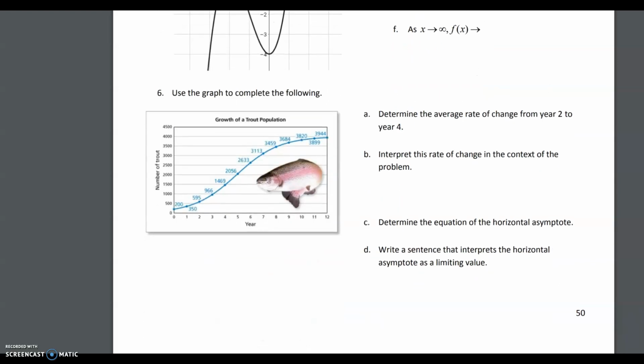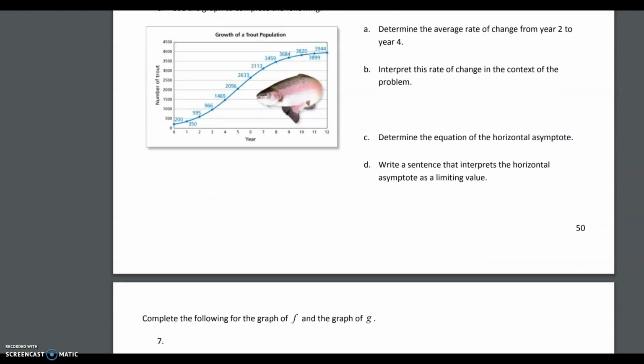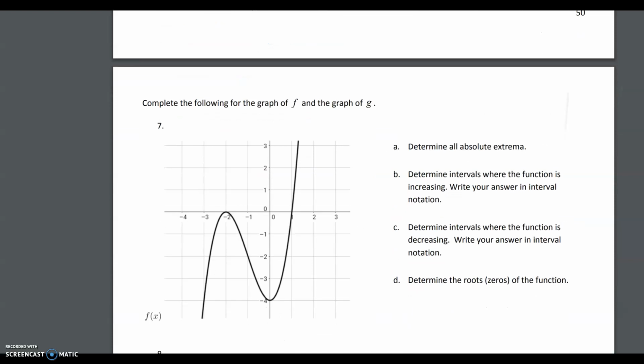Average rate of change and the meaning of average rate of change. So there are 2 ways that you can calculate average rate of change. One of them is like a slope, delta y over delta x. The other one is you enter the x values, input values into the function, obtain the y values, and then you take the ratio, and the meaning of average rate of change in the context.